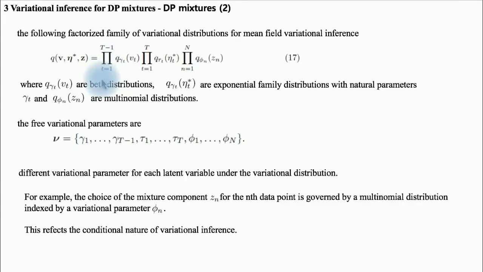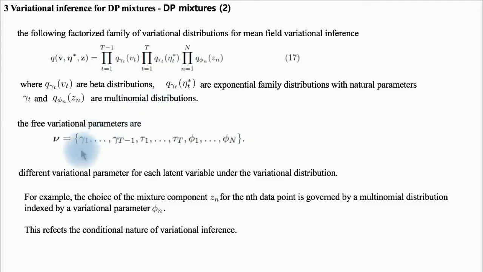We thus propose the following factorized family of variational distributions for mean field variational inference, where Q of V_t is a beta distribution, Q of eta star_t are exponential family distributions with natural parameter gamma t, and Q of Z_n are multinomial distributions.